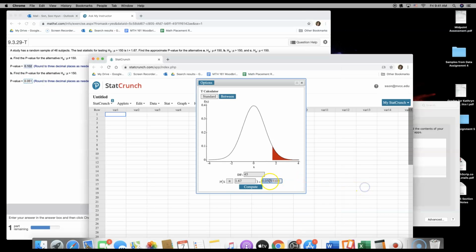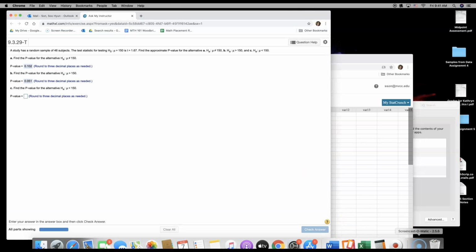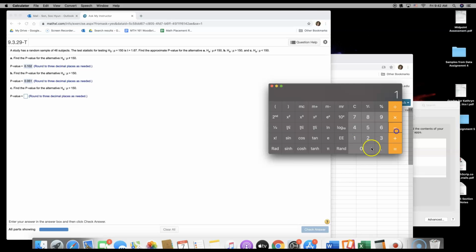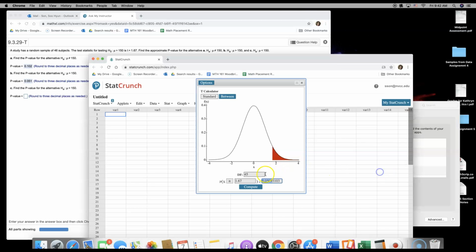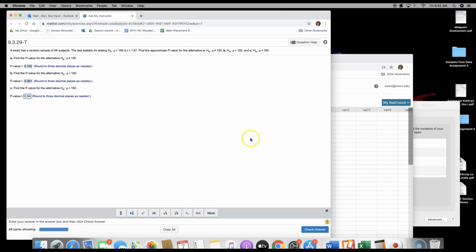And for the last one, you can use the complement. You can subtract 1 minus 0.051 if you want to, or you can just switch the sign to the other side and you can find 0.949 just like that.